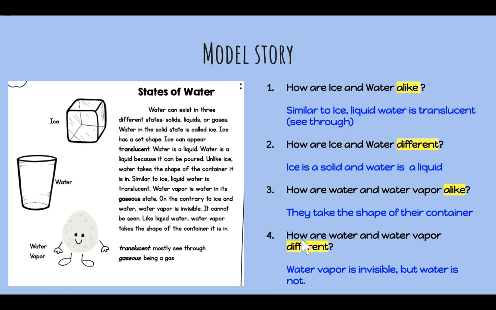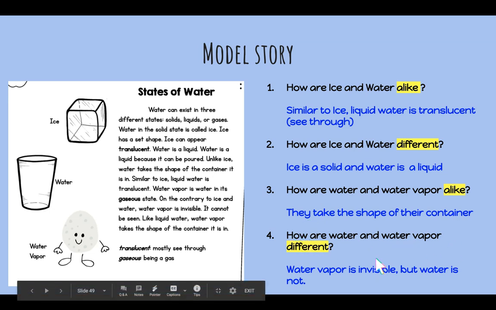Last question. How are water and water vapor different? Okay, so how are they not alike? Well, I said that water vapor is invisible, but water is not. So let's see if I can find proof of this in my text. Oh, right here.